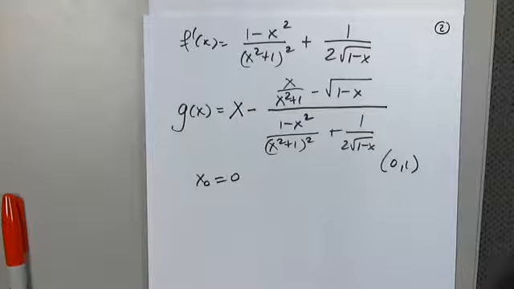The top, 1 minus x squared, close the parenthesis, divided by, in parentheses, 1 plus x squared, or x squared plus 1 squared, plus 1 divided by, in parentheses, be very careful now. I said plus, but I wrote minus. Nice.